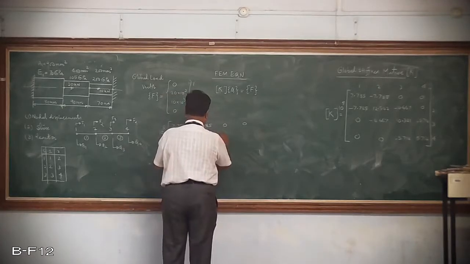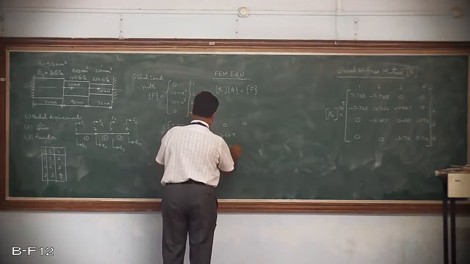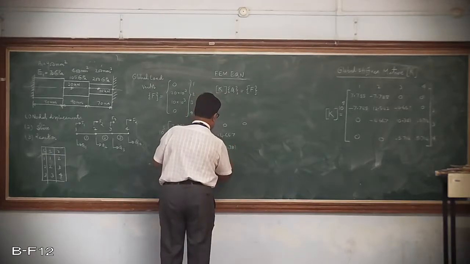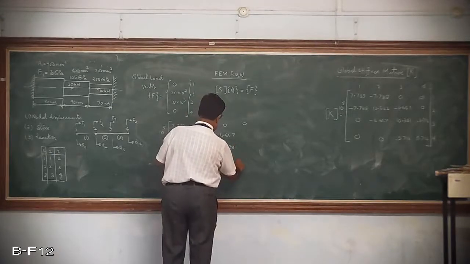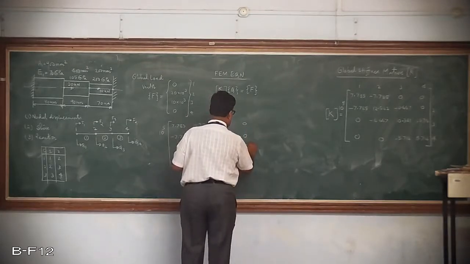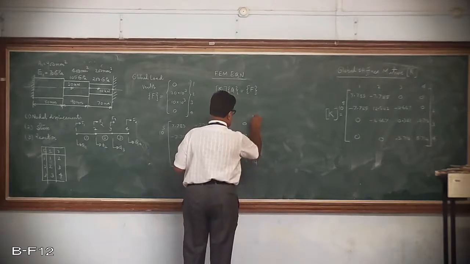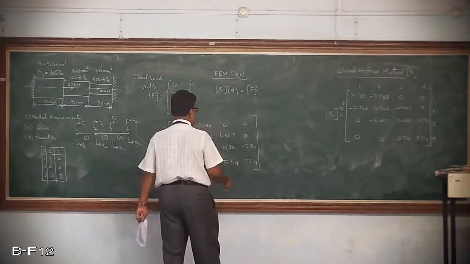This is again minus 4.667, 10.381, minus 5.714, here it is 0, minus 5.714, 5.714. So this completes our global stiffness matrix.